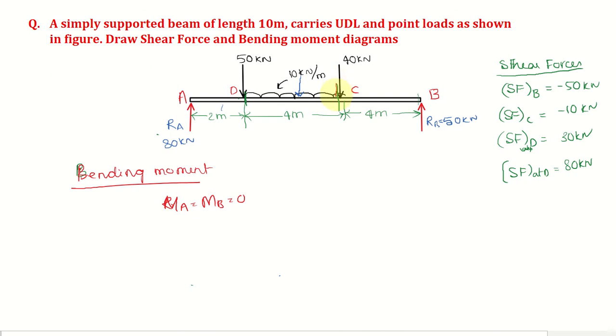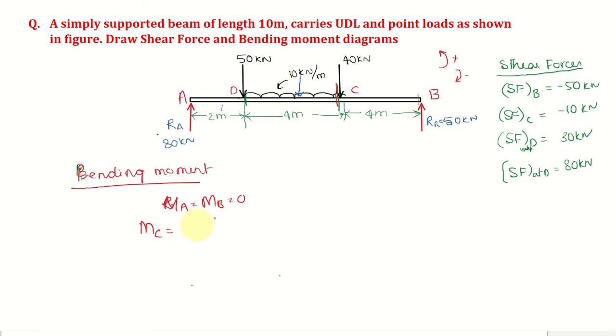And we need to find out the bending moment up to C now. So bending moment at C. We need to consider the sum of moments up to C. This is the force we have, RB multiplied by the distance up to C. So, anti-clockwise moments we are taking as positive, clockwise as negative here.